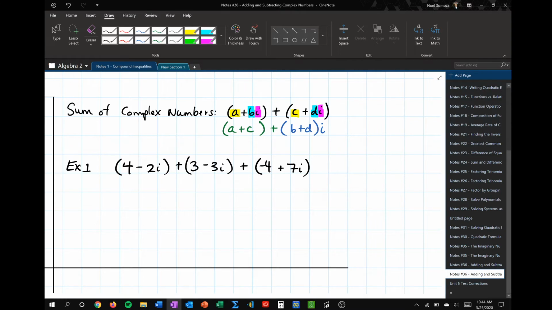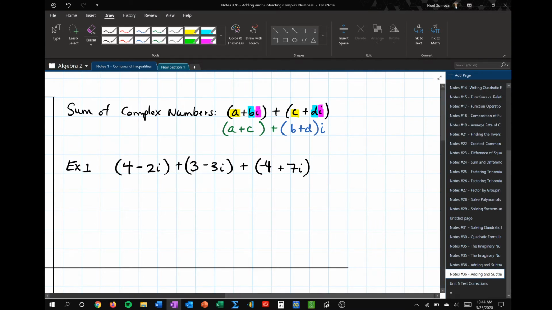Notice how each complex number has a real part and an imaginary part. So I'm going to highlight each real part. 4 is real, 3 is real, and negative 4 is real. Then my imaginary parts are represented by negative 2i, negative 3i, and positive 7i. So these are my imaginaries.